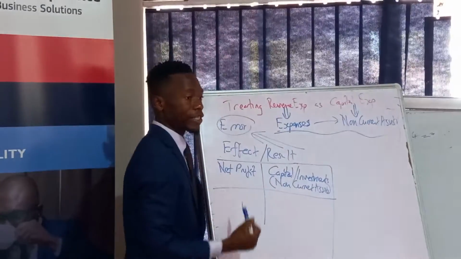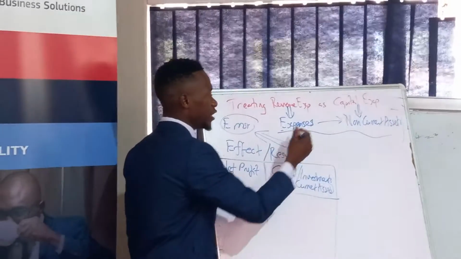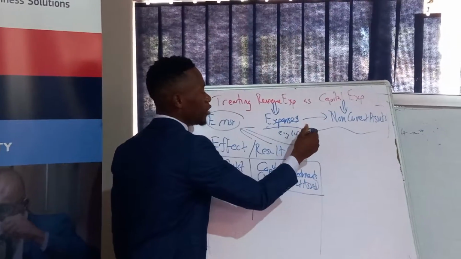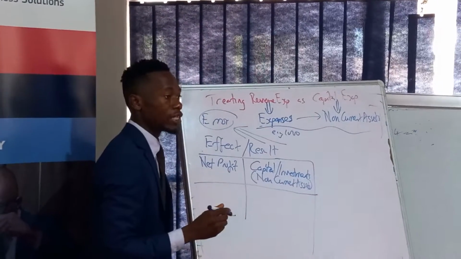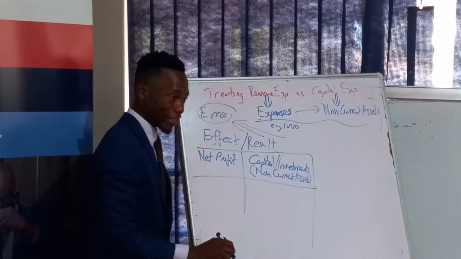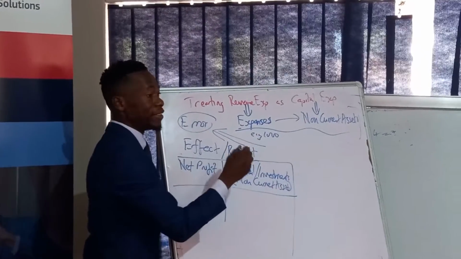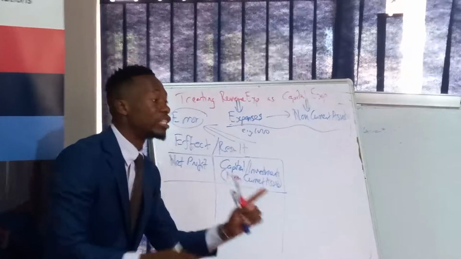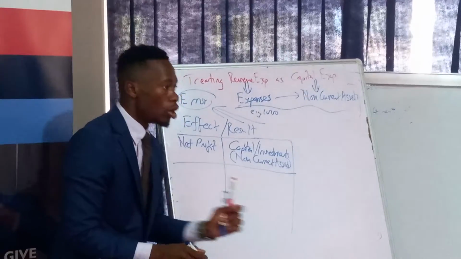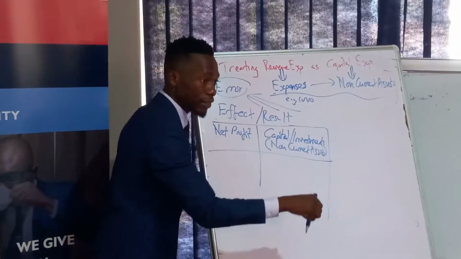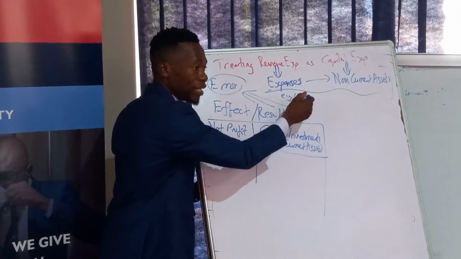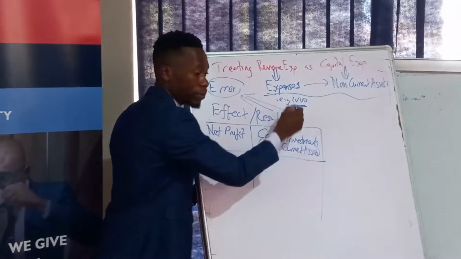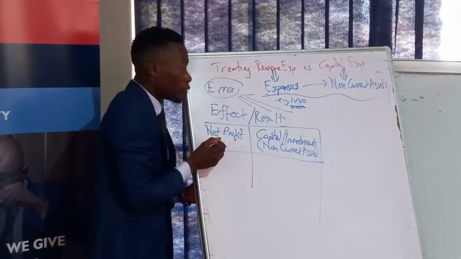Guys, there is an expense. Imagine there is an expense, e.g., imagine 1,000 expense was not treated as expense. So it means in the profit or loss it's not there. You understand? There is a shortfall on the expenses. So guys, if you omit this one or if you don't record on the expenses, what will happen to the profit, the effect?